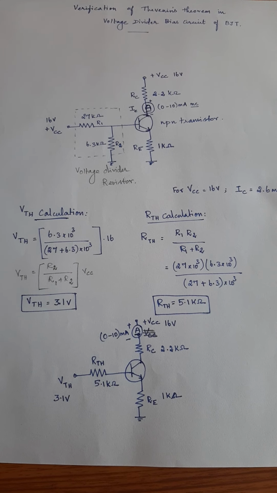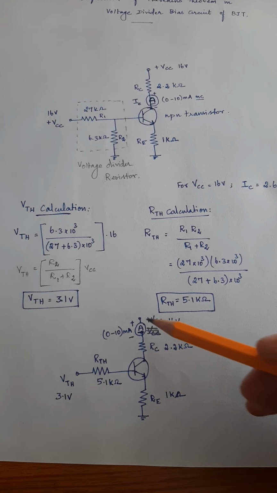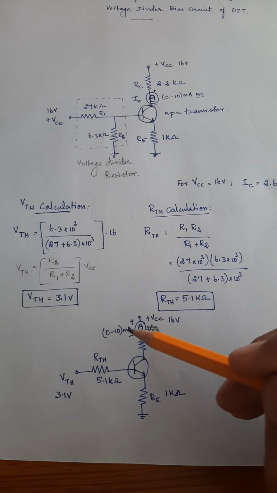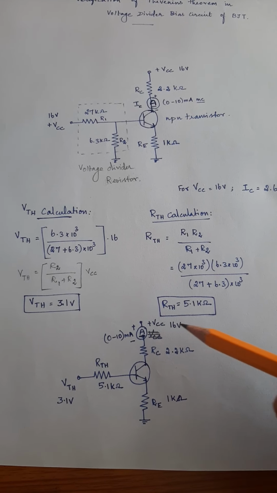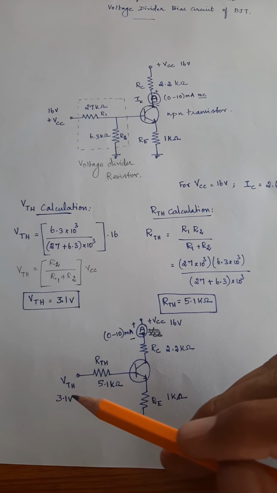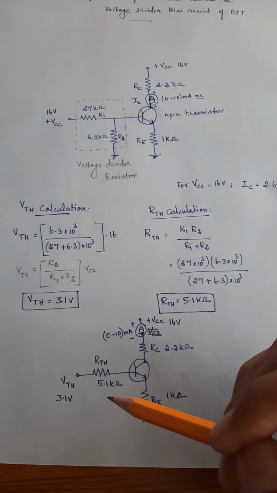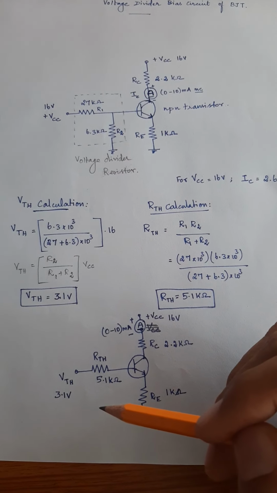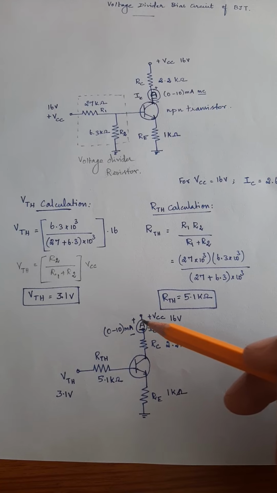So let us see. Arrange your components like this, and we will give VCC as 16 volt, and the base end as 3.1 volt, and we will replace these two resistances with a single resistance of 5.1 kilo ohm, and let us see what will be the value of this current.